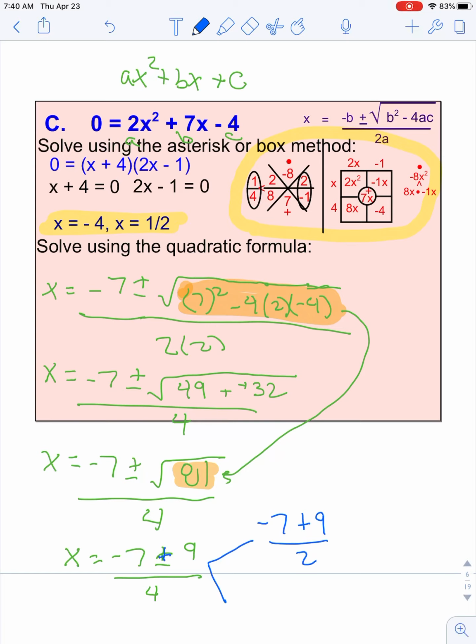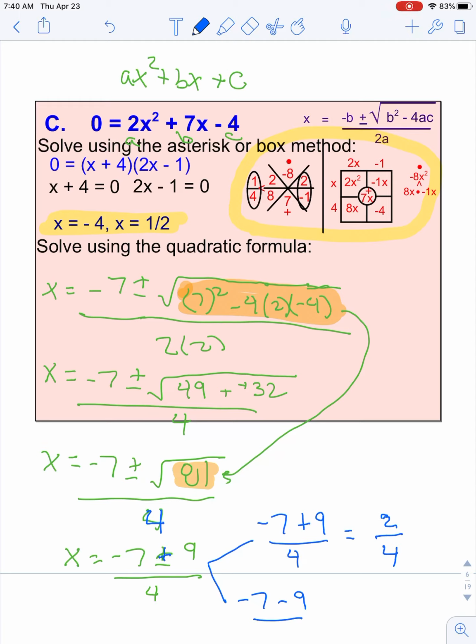So we have negative 7, we have to add 9. So again, we're doing plus, but then we also have to take care of the minus, so negative 7 minus 9. Negative 7 plus 9 gives me a positive 2 over 4. I just realized I accidentally put the wrong 2a down there. I have it right over here.